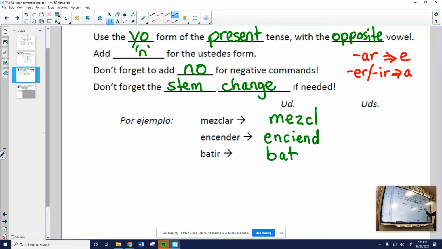Usted would be mezcle, encienda, bata. Because the opposite ending for an AR verb is an E, the opposite ending of an ER or IR verb is going to be an A, just like we have here.